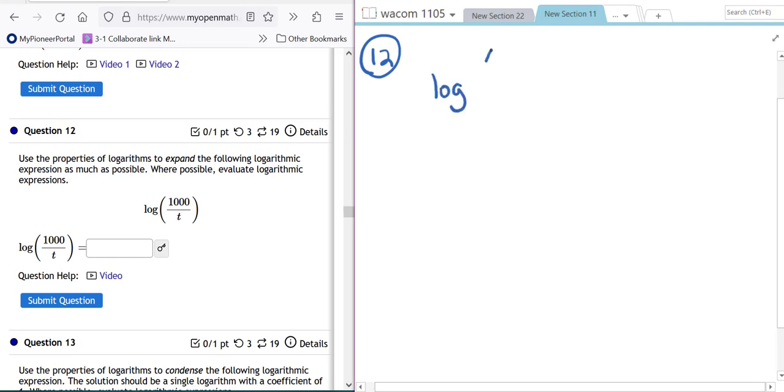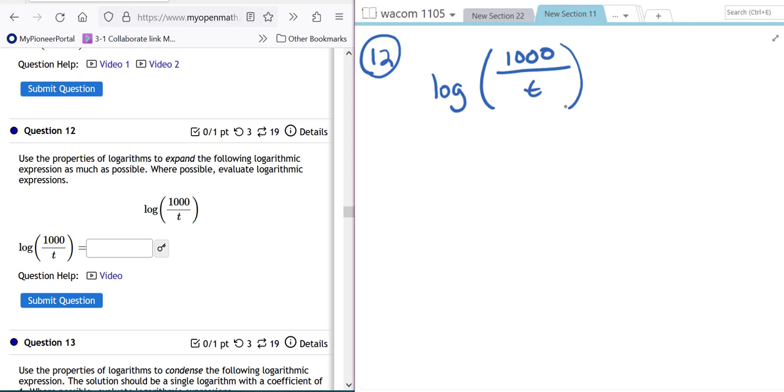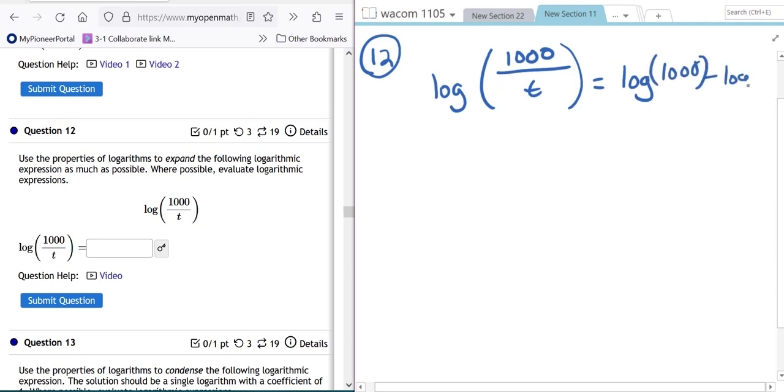So we have the log of 1,000 over t. So you have to remember the property that the log of a quotient is the difference of the logs. So this is going to be equal to log of 1,000 minus log of t. Right?